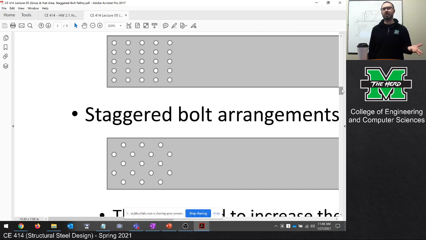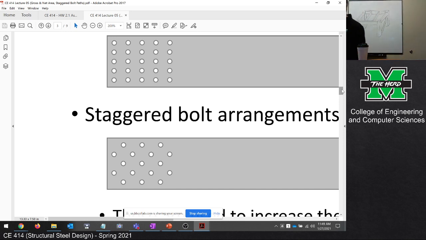Let's say a single bolt can hold 12 kips, and the connection has 200 kips on it. So we take 200 divided by 12, and that tells us the number of bolts. However we arrange those bolts, whether in a grid-like pattern or in a staggered pattern, won't change the number of bolts. But by arranging it in this fashion, we can increase the area along the cross section.